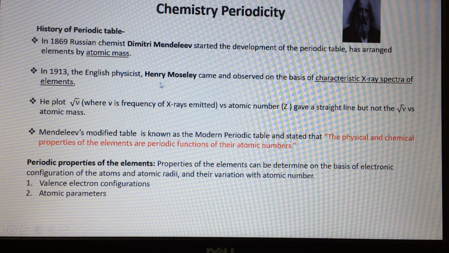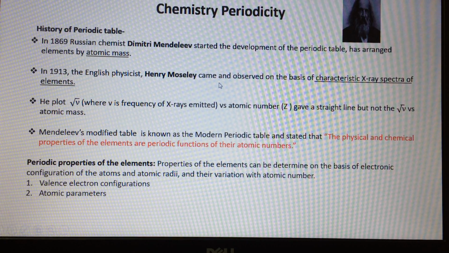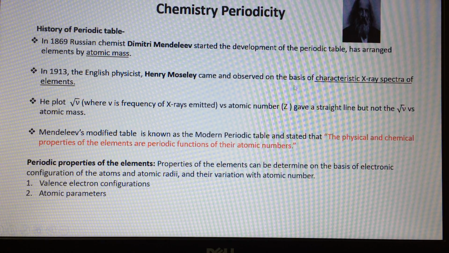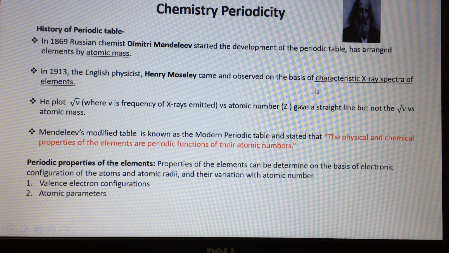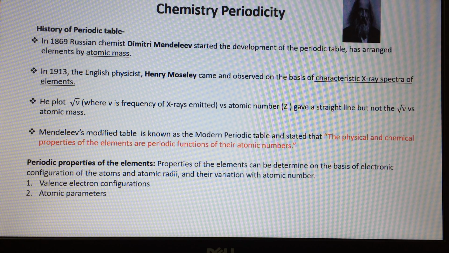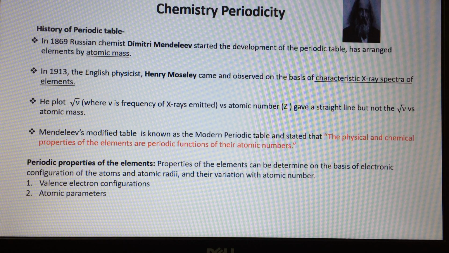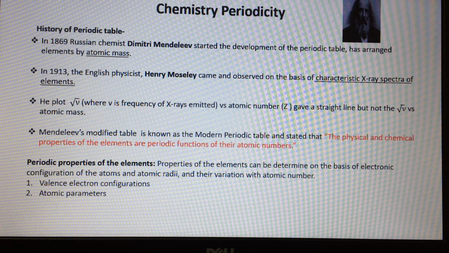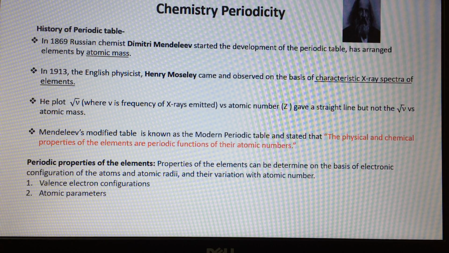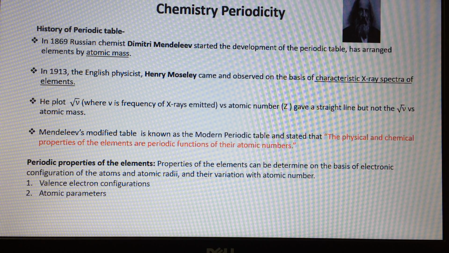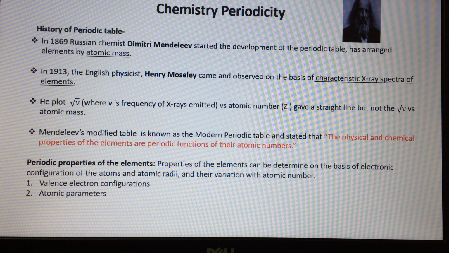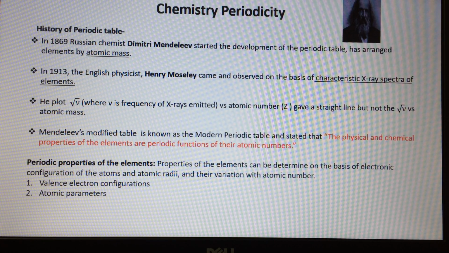one physicist came, whose name is Moseley, and observed the elements on the basis of characteristic X-ray spectra. He plotted the frequency of X-ray emitted versus atomic numbers, and got straight lines, but he didn't find a straight line for frequency versus atomic mass.